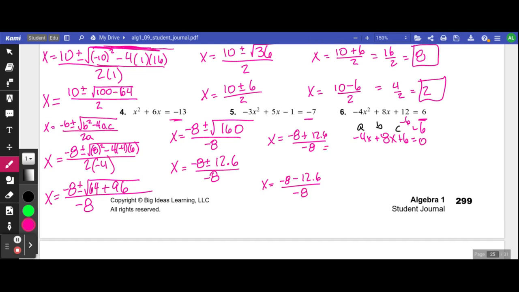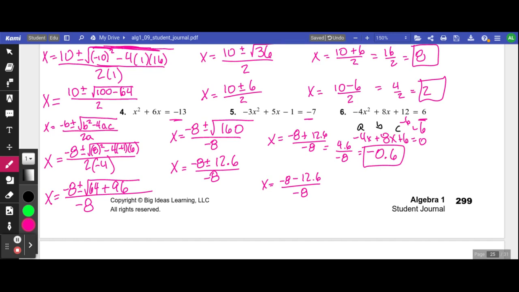Okay, I'm going to do my math here. Negative 8 plus 12.6, I get 4.6. And let's see what I get when I divide that by negative 8. I get negative 0.575, so I'm going to round that to negative 0.6.